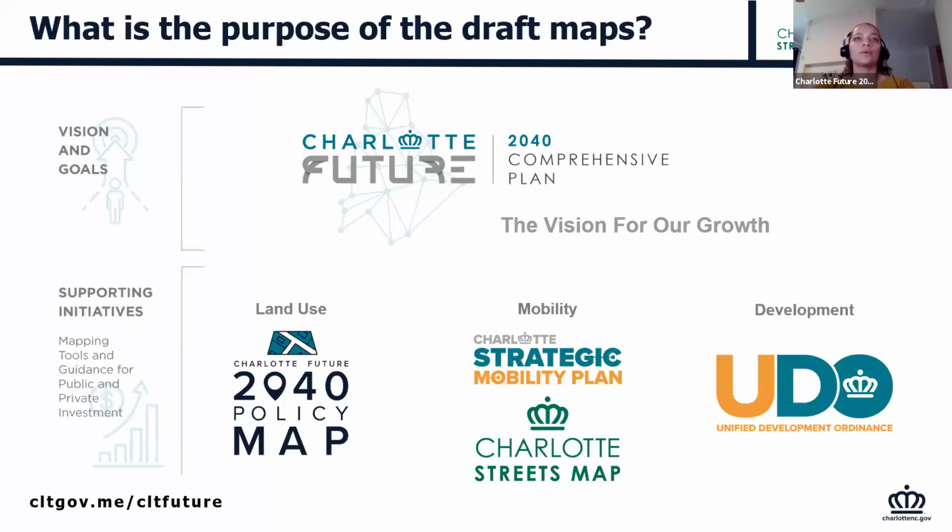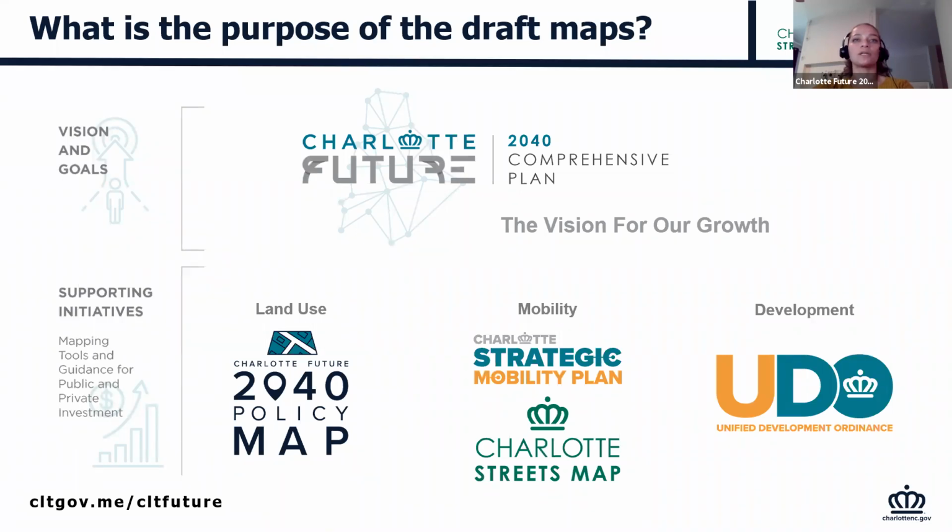So let's begin with what is the purpose of the draft map. The purpose of the Charlotte Future 2040 policy map and the Charlotte Streets map is to help implement the vision of the Charlotte Future 2040 Comprehensive Plan, which is the guiding document for the city's growth and development over the next 20 years.